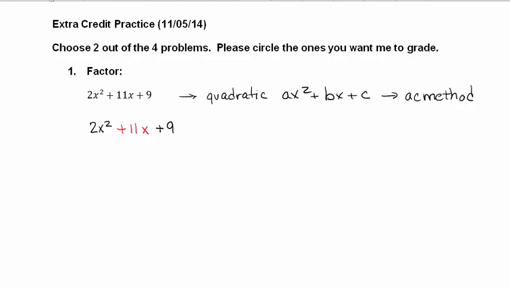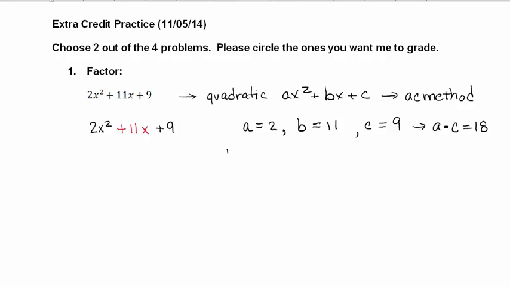Okay, so to use the AC method, what we have to first do is identify what our A, B, and C are, right? So my A is 2, my B is 11, and my C is 9. So what I'm going to do is take A times C, and that's going to give me 18.